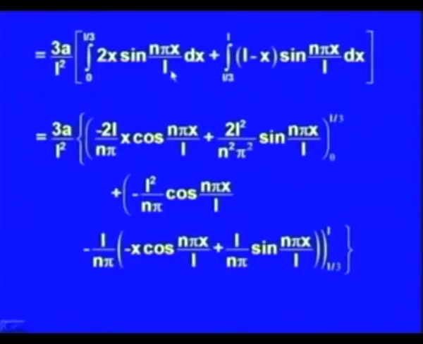When we integrate it by parts, the first integral gives minus 2L over n pi x cos(n pi x over L) plus 2L square over n square pi square sin(n pi x over L), with limits of integration 0 and L by 3. Then, after integrating the second integral by parts, we have minus L square over n pi cos(n pi x over L) minus L over n pi (L minus x) cos(n pi x over L) plus L over n pi sin(n pi x over L), with L by 3 and L as the limits of integration.